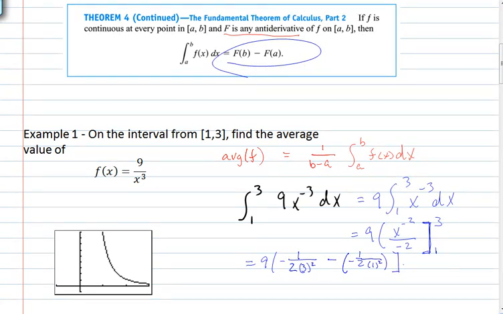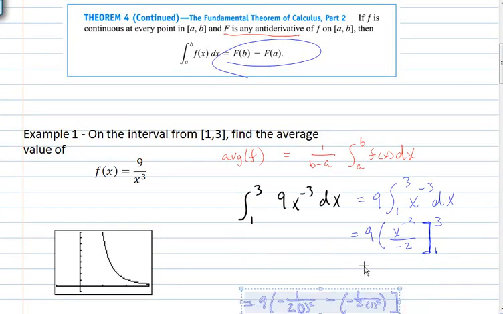There's a step I probably should have included to make this make more sense. Yeah, hang on. I'll show you. Right here, what I did was I rewrote this as 9 times negative 1 over 2x squared. So I got rid of my negative exponent by moving that x into the denominator, and the 2 was already in the denominator, and you just take the negative that's in the denominator and put it out front.